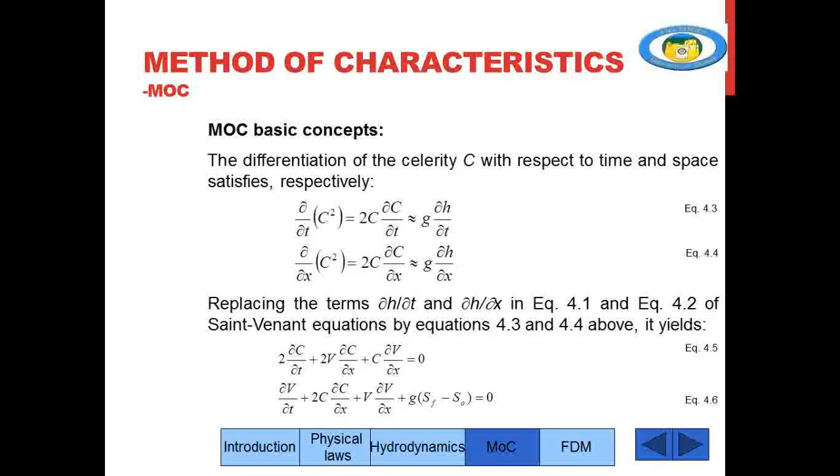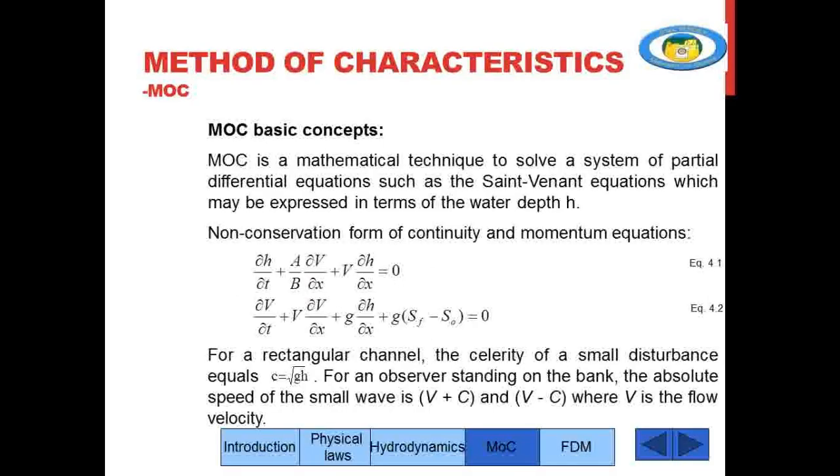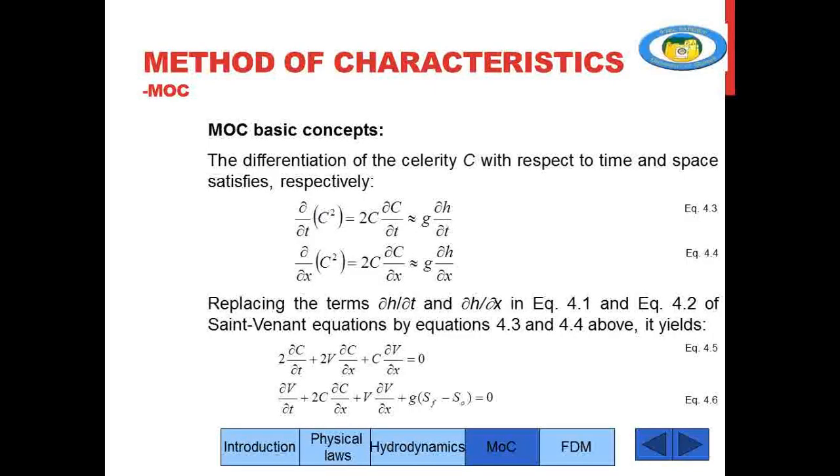Similarly, if you try to replace in equation 4.2 the term G times the partial derivative of H with respect to X by 2C partial derivative of C with respect to X, then you obtain equation 4.6.